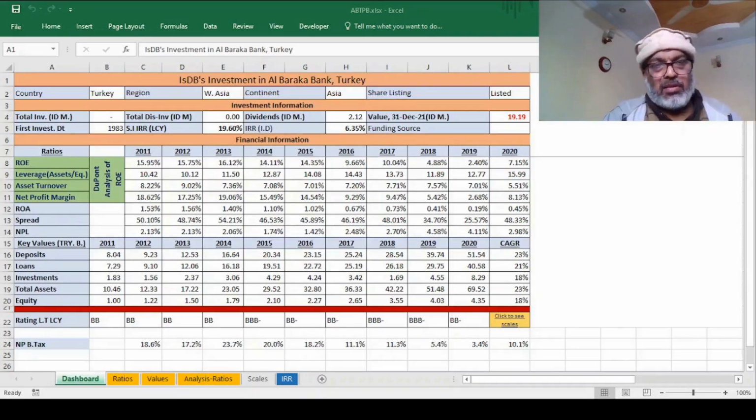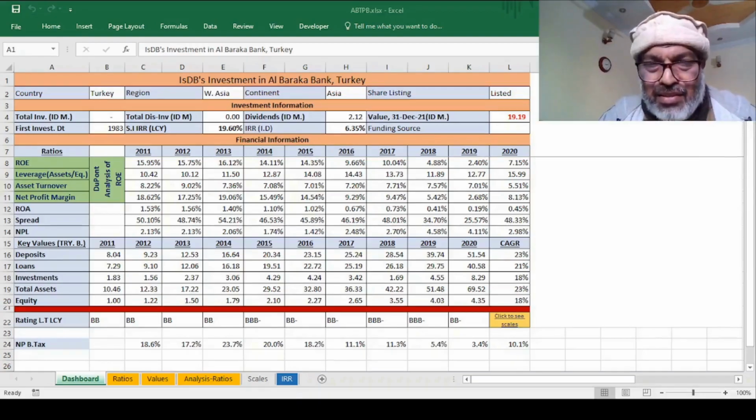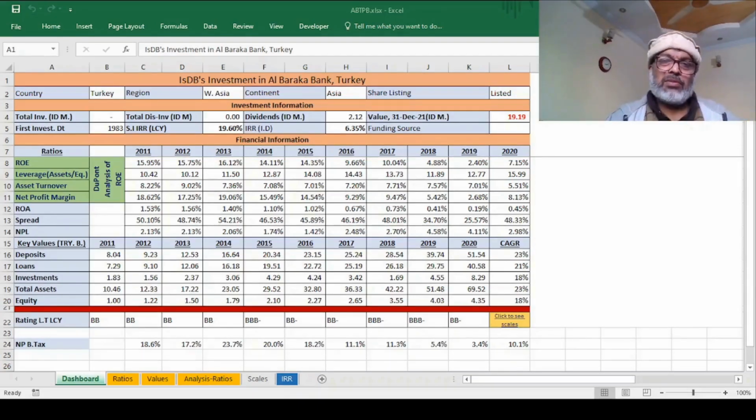But in case of a force majeure-like situation where you don't have the particular data available, then I compared with all conventional banks and then gave my opinion on the strength of the scores. I made a balanced scorecard of it.